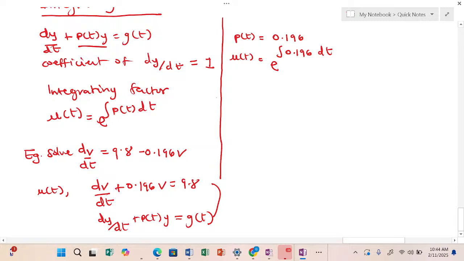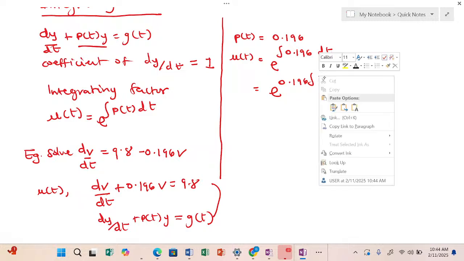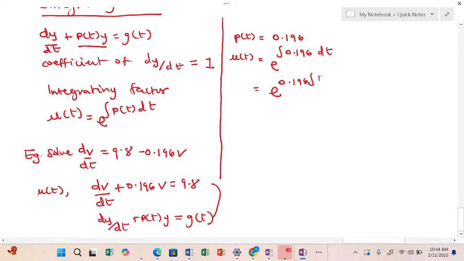So when we integrate this, we get e to the power 0.196 integral of 1, that's integral of dt, and finalizing this gives us e to the power 0.196 t. So this is our integrating factor.